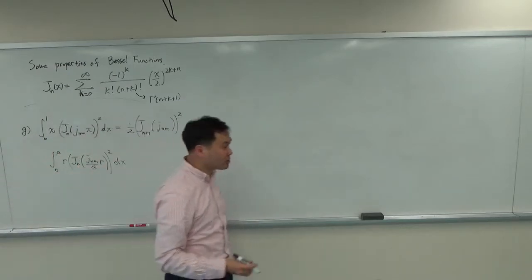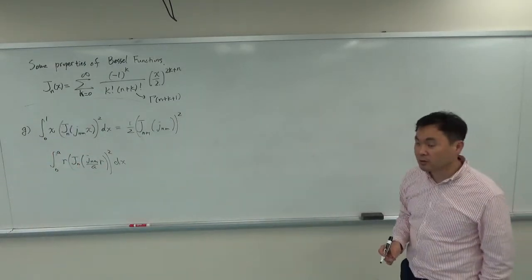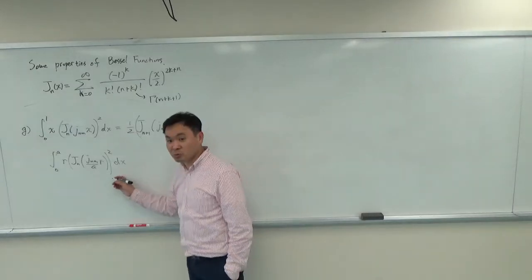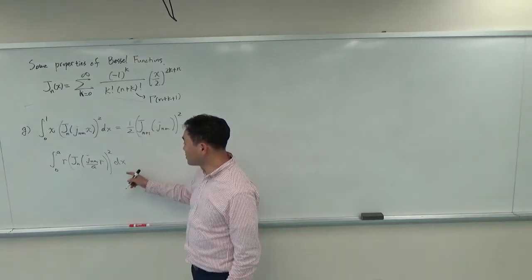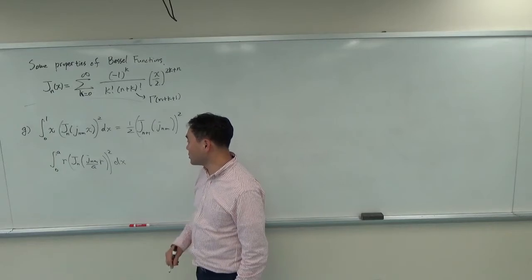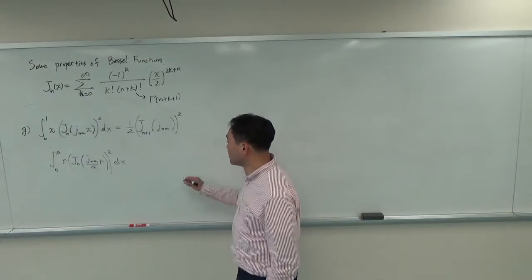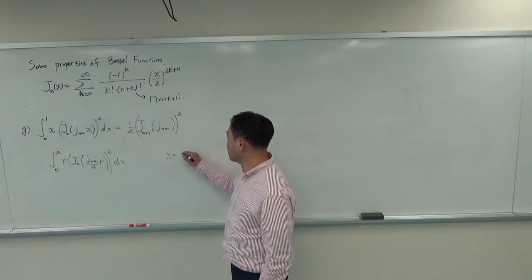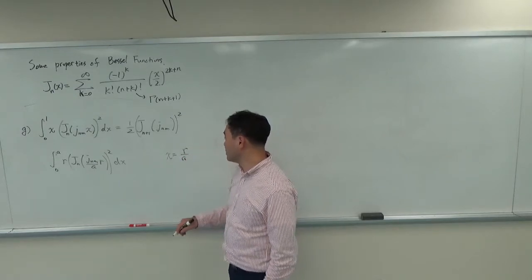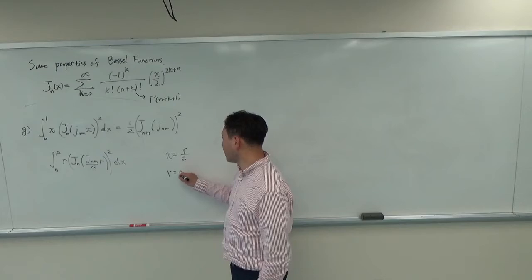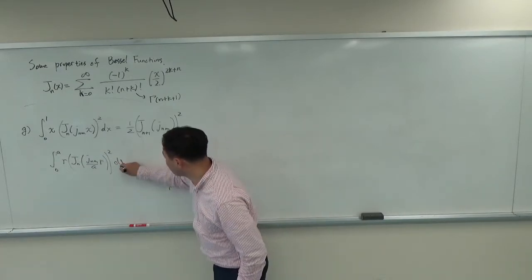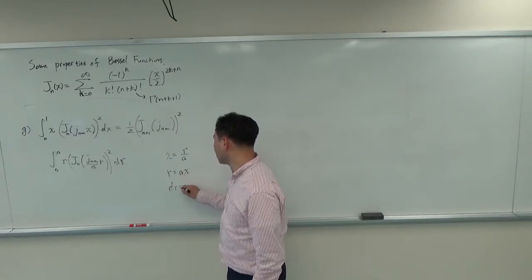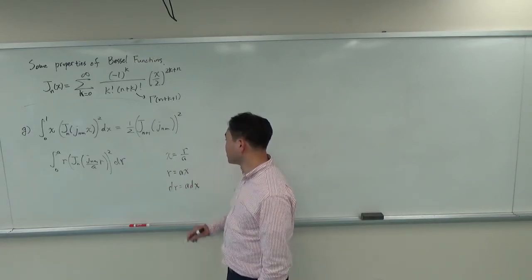So remember this integral? This was in the denominator when we were calculating, right? And if this is true, we can find the answer for this one as well, because we can just set x as r over a, so that r is equal to ax, and then sorry, this should be dr. dr is equal to a times dx.